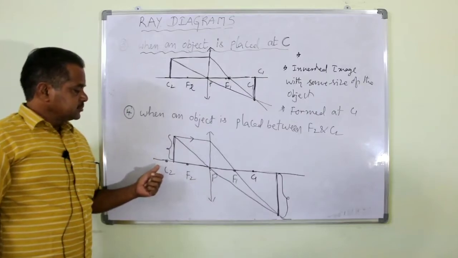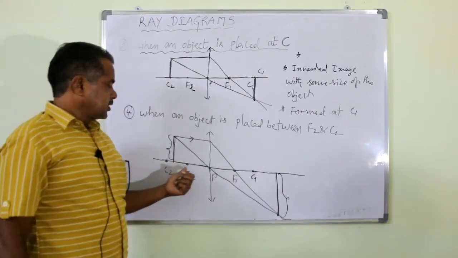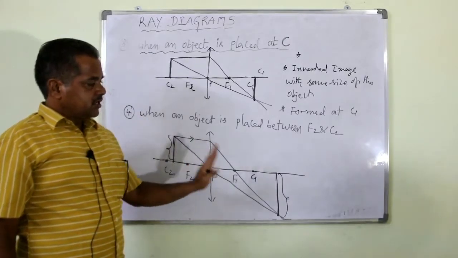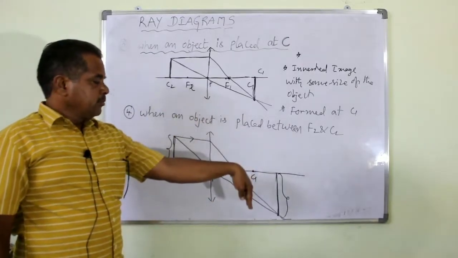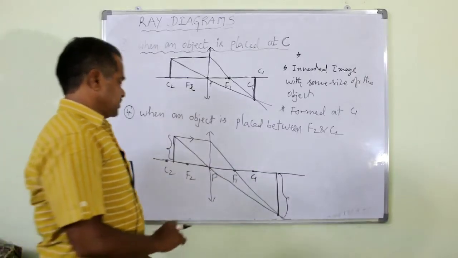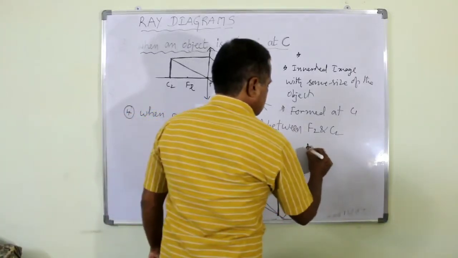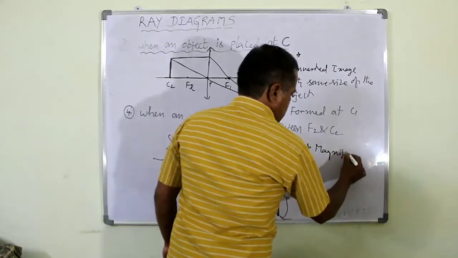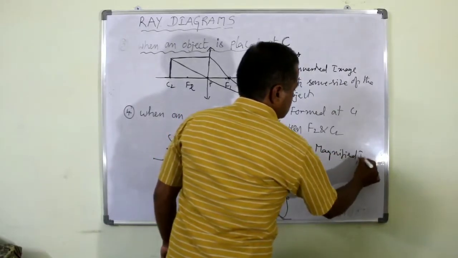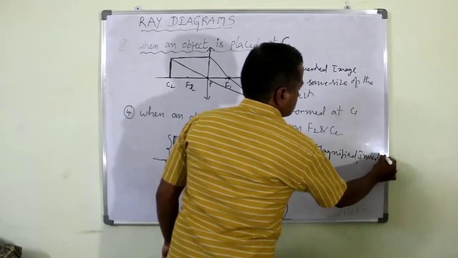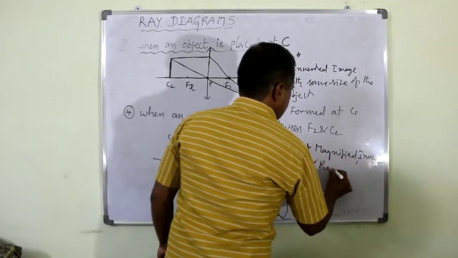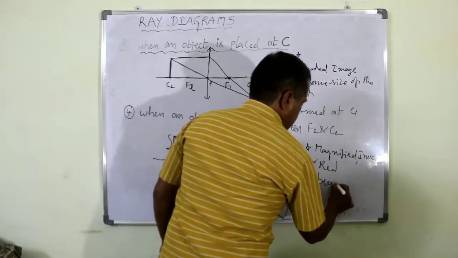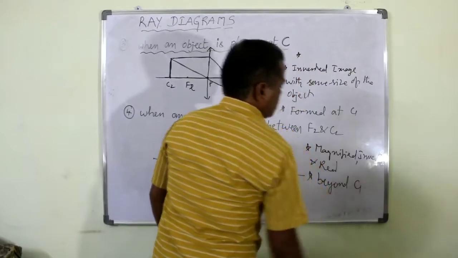So, if any object is placed between center of the curvature and focus point, then a magnified, inverted, real image is formed beyond the center of the curvature. So, characteristics: magnified, inverted, and real. Where is it formed? Beyond the center of the curvature.